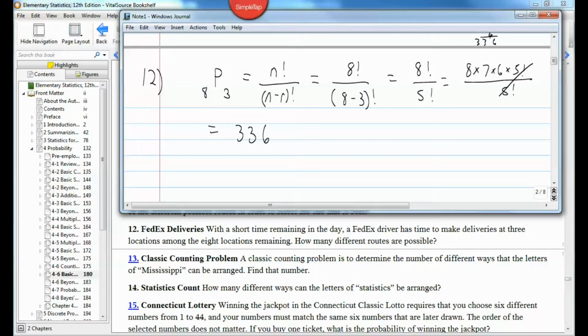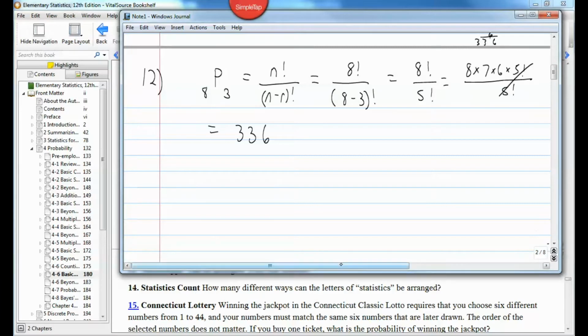Now we went over a formula for a permutation if we had numerous items of the same type. Problem number 14 is a permutation where you would have numerous items of the same type.